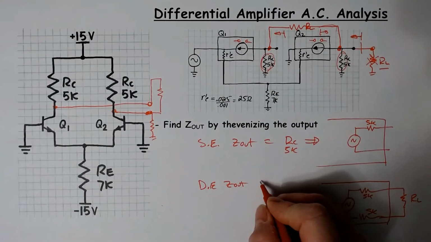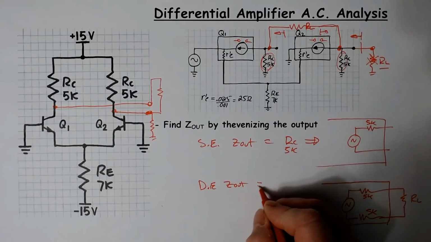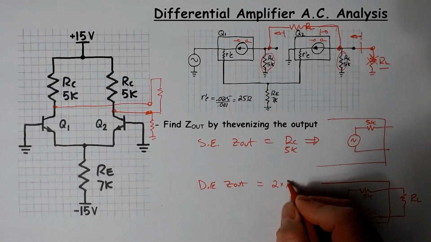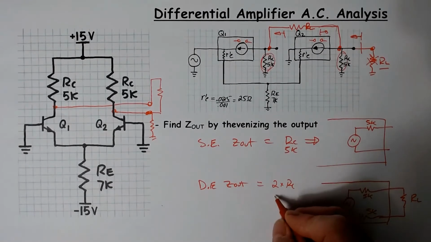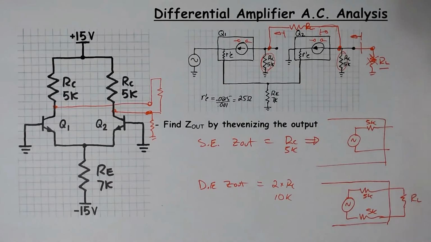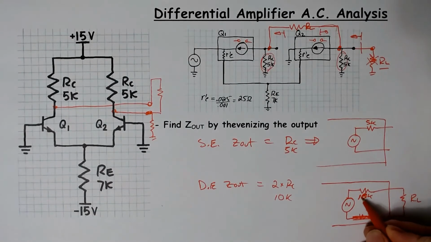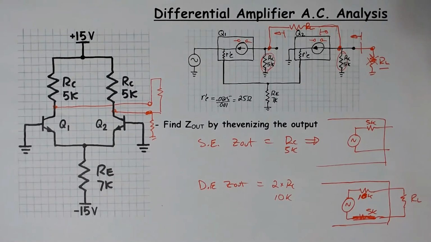So for a double-ended Z out, that's equal to 2 times RC, which is 10K. And I've drawn it here as two separate resistors, but when I ask you to draw the final AC voltage model, you would draw that as a single resistor. So there's Z out.